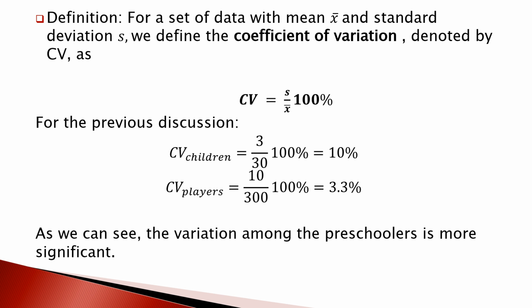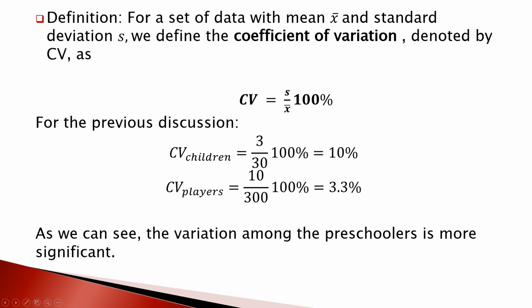So here's the example. For the previous case, for preschoolers, the standard deviation was 3 and the mean was 30. If we apply this formula, the coefficient of variation for children is just 10%.